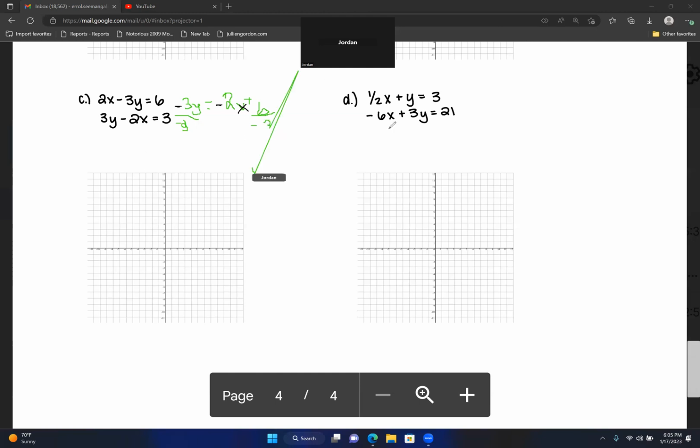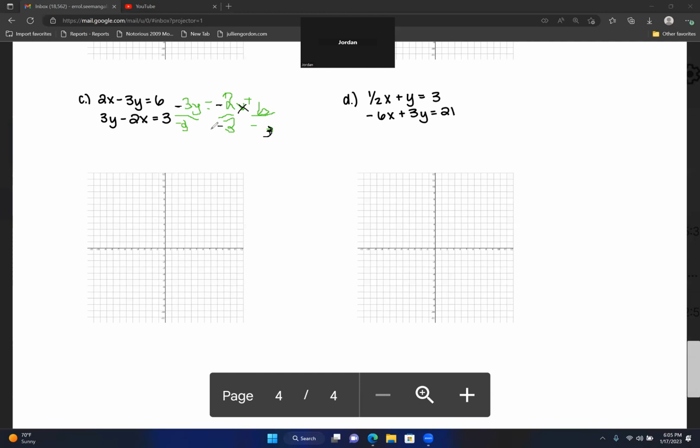Okay, and also this one too. Divide the negative 2 by negative 3. So all 3 numbers? Yep, all 3, everything. That's negative 3 there, and that's negative 3 there.